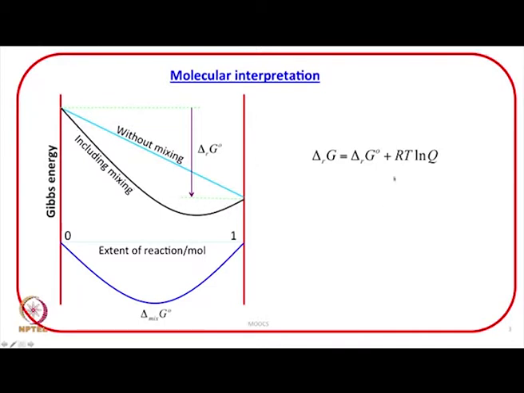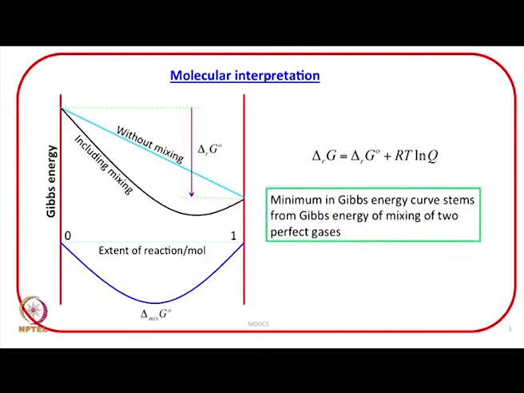And this is the effect of the term Q, because this RT log Q, the second term, arises because of the mixing effects. All right. So, the minimum in the Gibbs energy curve stems from the Gibbs energy of mixing of two perfect gases. This minima is arising from the mixing effects.